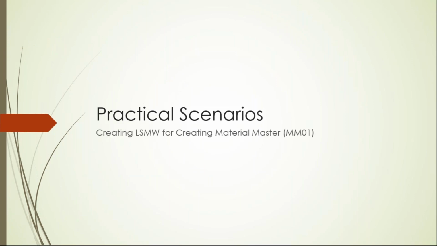Okay, so we'll go into the practical scenarios now. Creating LSMW. Mainly we'll create the LSMW for the material master, which is one of the master data here. For this material master, we will be using a transaction called MM01. So you must be very clear with the standard transaction for creating the LSMW.